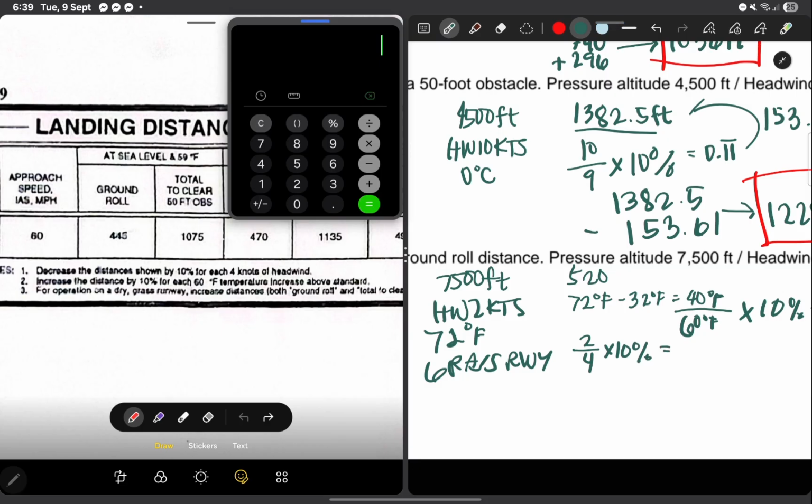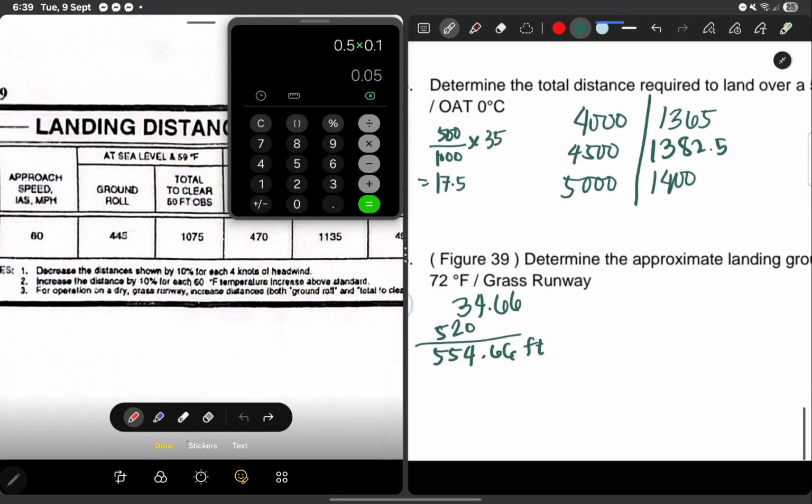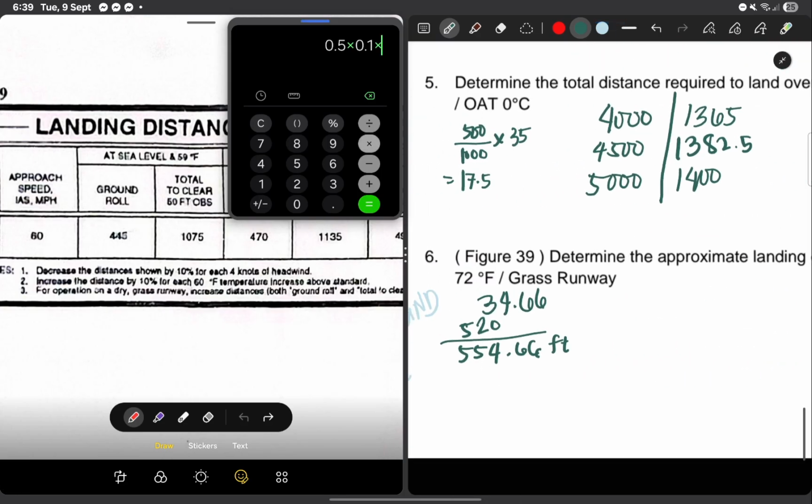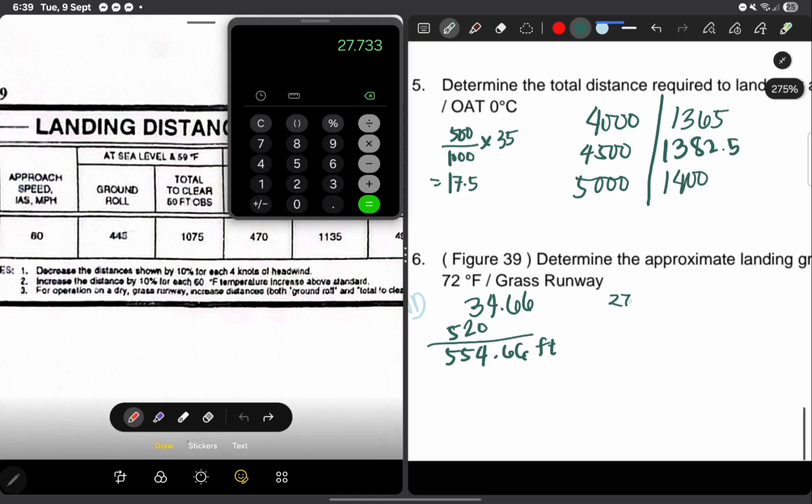So 2 divided by 4 multiplied by 0.1 is 0.05. This is the value that will multiply our current distance. So let's multiply this value by 554.66. That is 27.73. Since it is headwind, we will subtract it from this number.